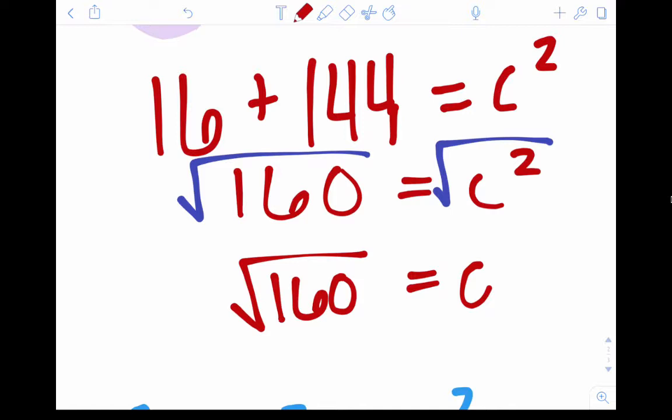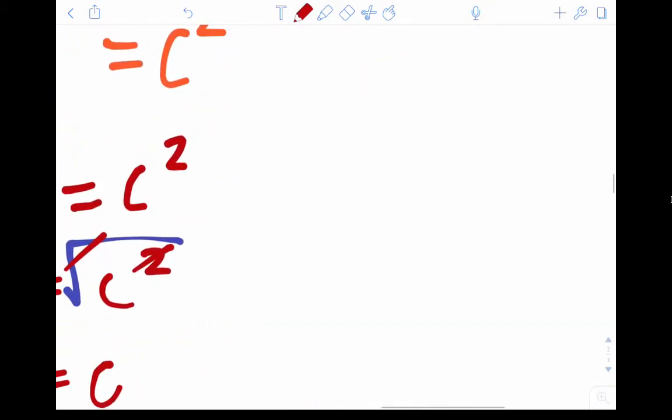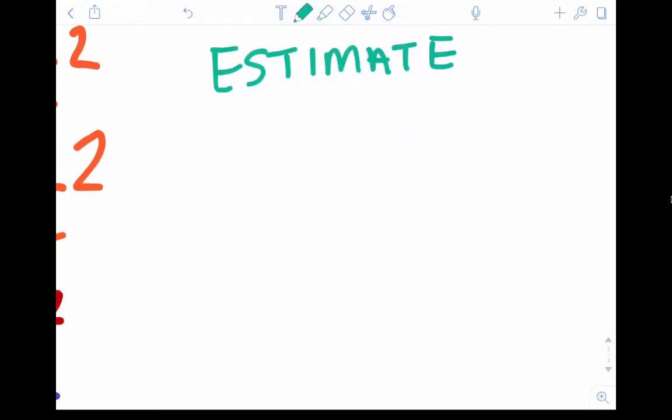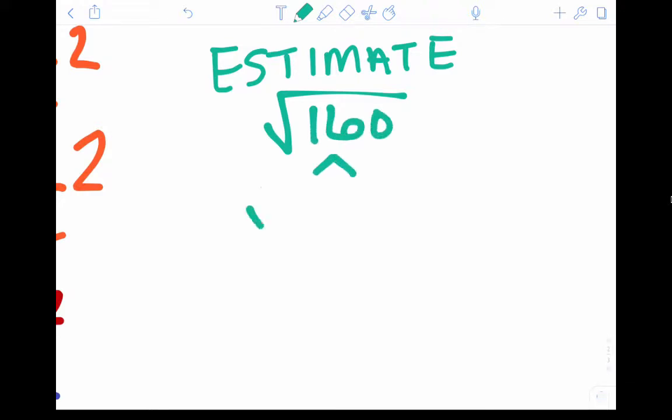So I have square root of 160 is equal to C because my square cancel out. So I need to go over to the side and I need to first estimate this. So when I estimate this, that's when I take the square root of 160 and I think, what two perfect squares is that between? Well, 160 is between 144 and 169.